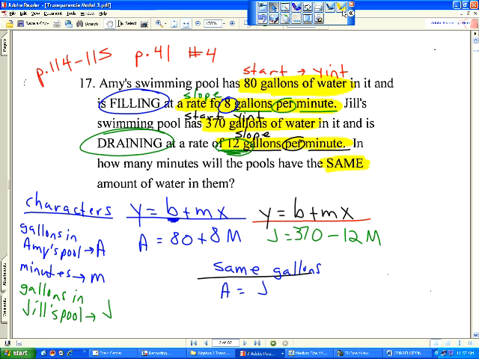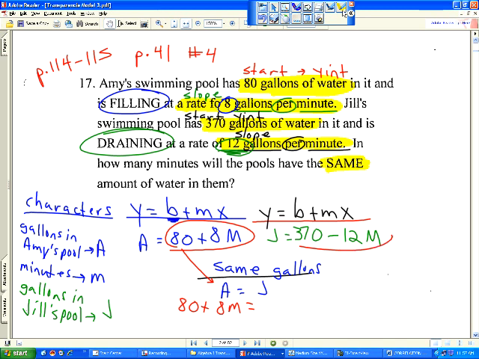Now, what does it say on page 42? To be able to do the order of operations, you can only have one variable or one name. If you have more than one, you must name one in terms of the other. A y equal b plus mx is one in terms of the other. And substitute. So we're going to replace A with 80 plus 8m.